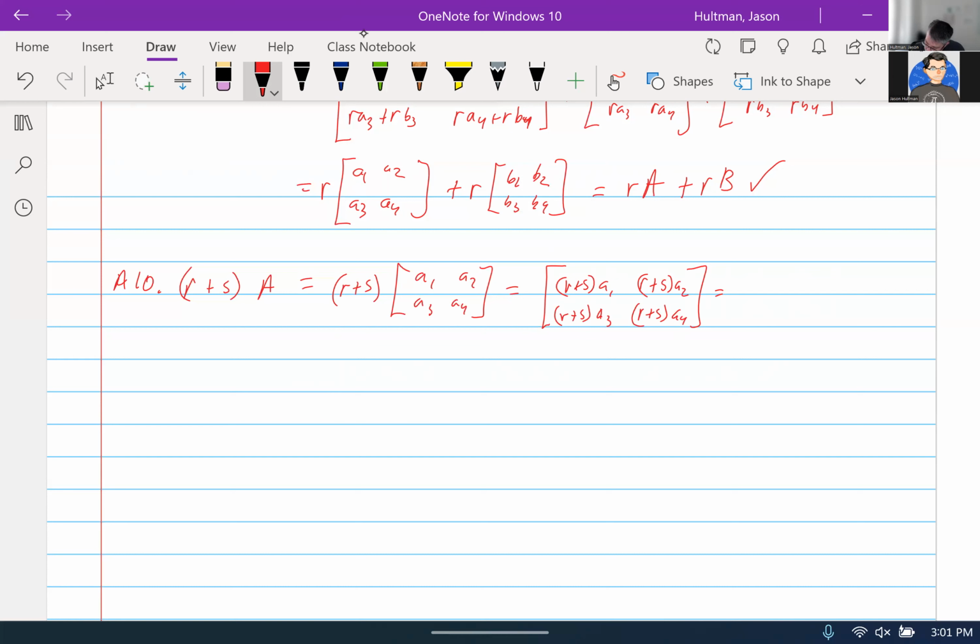That is equal to, now I can distribute, RA1 plus SA1, RA2 plus SA2, RA3 plus SA3, and RA4 plus SA4.